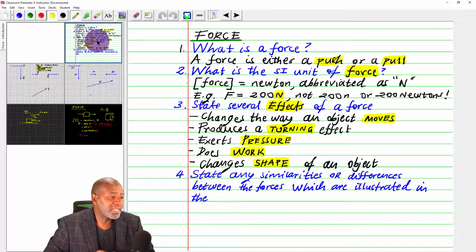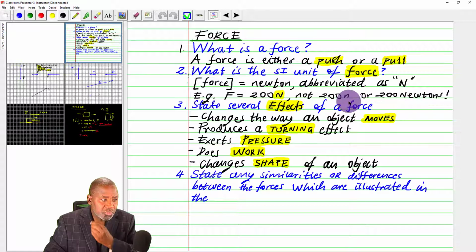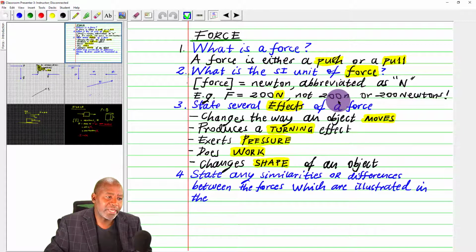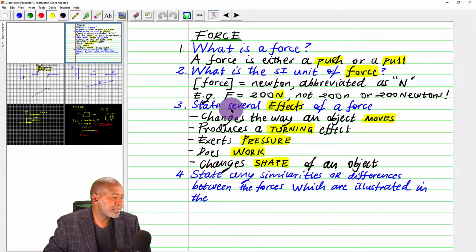Number 2, what is the SI unit of force? We have already said that it is the newton, and I've explained the way it is abbreviated, and I've given you several examples of when it is correct and when it is not correct to write it. Effects of forces. Again, we have looked at them: a force changes the way an object moves, it produces a turning effect, it exerts pressure, it does work, and it changes the shape of an object.